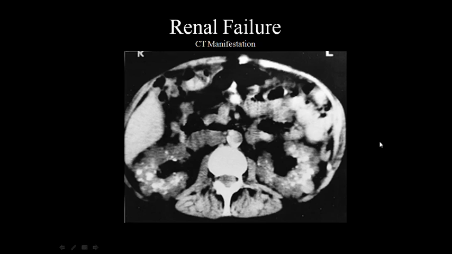So here's an example of a patient with acute kidney injury. Here are the kidneys, and there's really not much to be said for this image. We really don't look for renal failure in terms of CT.